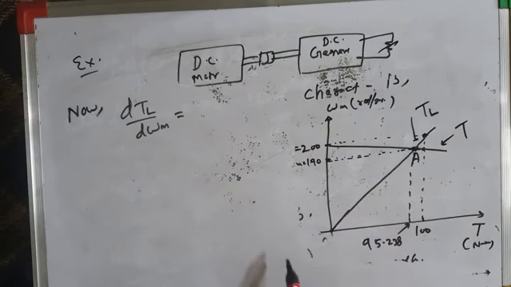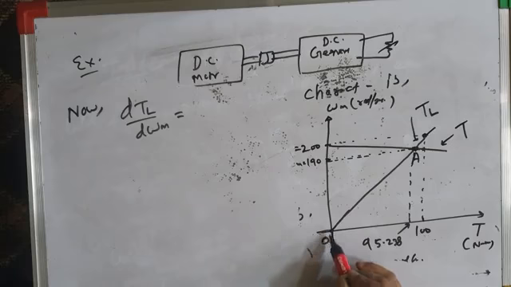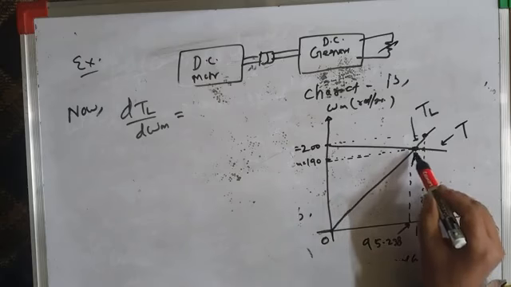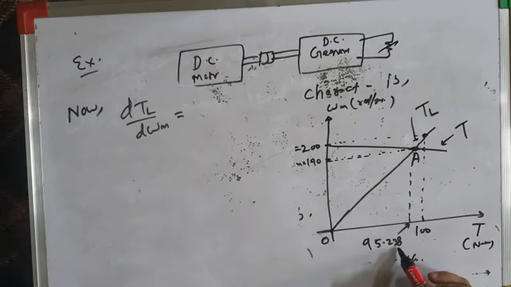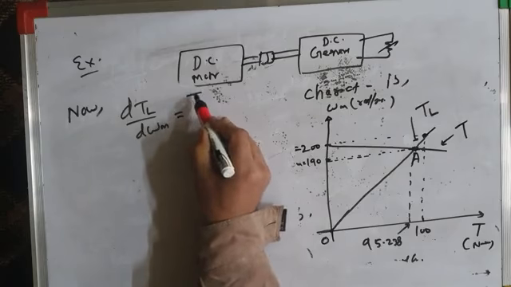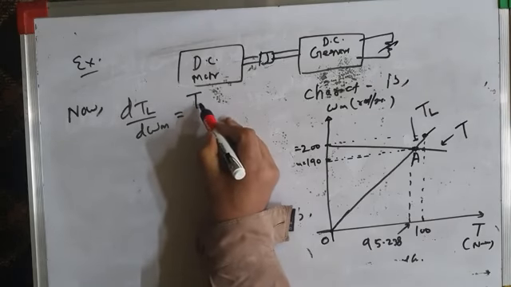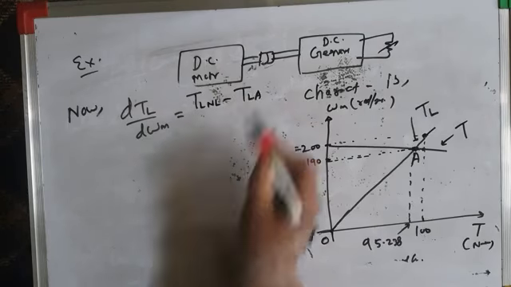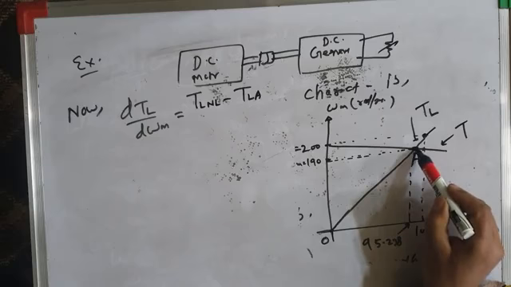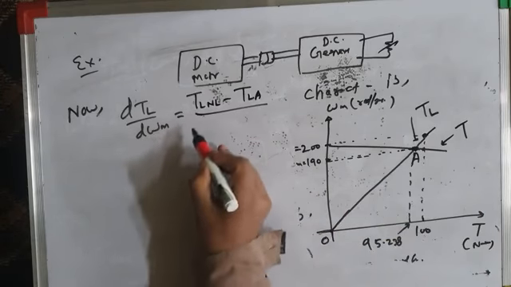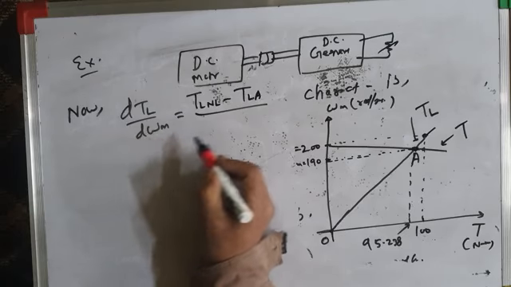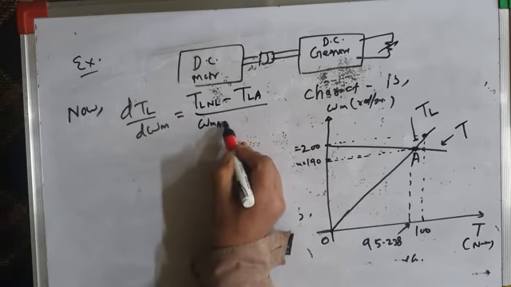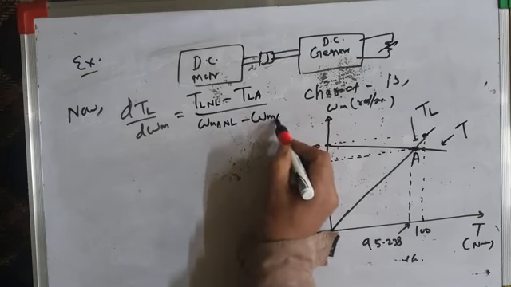And torque is changing from 0, because at no load the load torque is 0, motor torque is also 0. So torque is changing from 0 to rated torque, and what is rated torque? 95.23. So this is the full load torque minus the no load torque, TL no load, minus TLA, divided by the speed at no load minus omega m A.